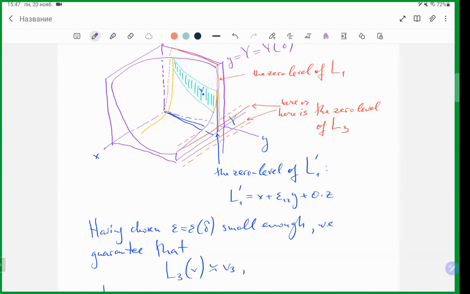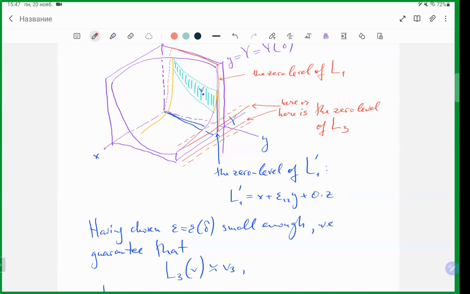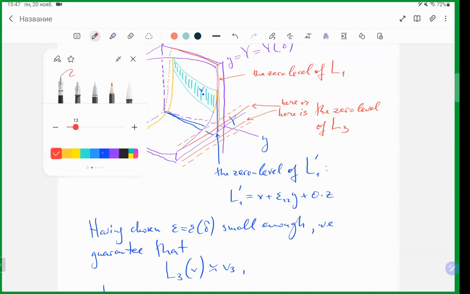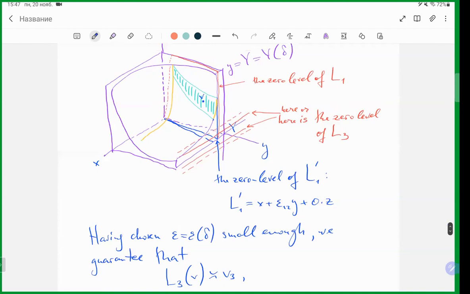And here we have this next. Like this, right? Here goes the blue line. Yeah, now it seems more appropriate.